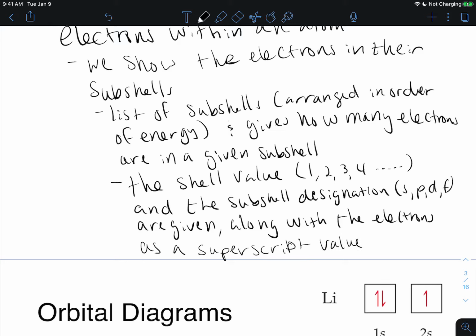So for instance, hydrogen, its electron configuration would be 1s1, where that one electron is in a 1s subshell.